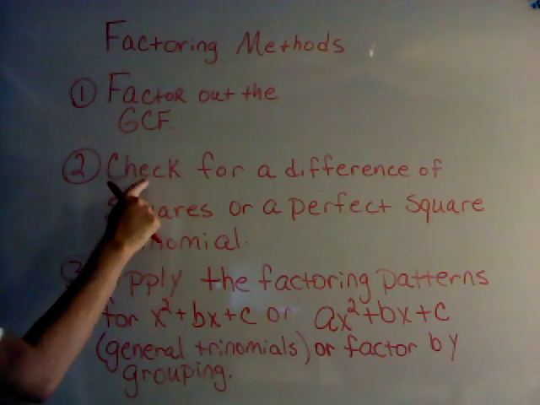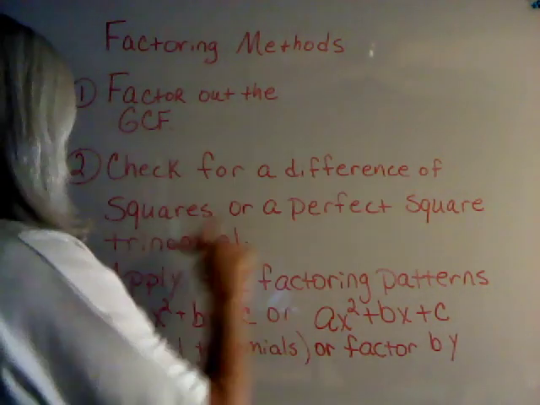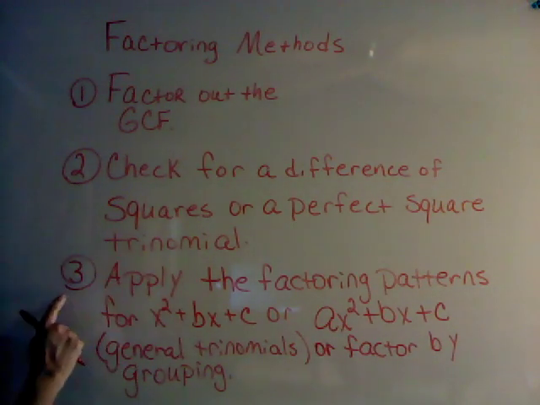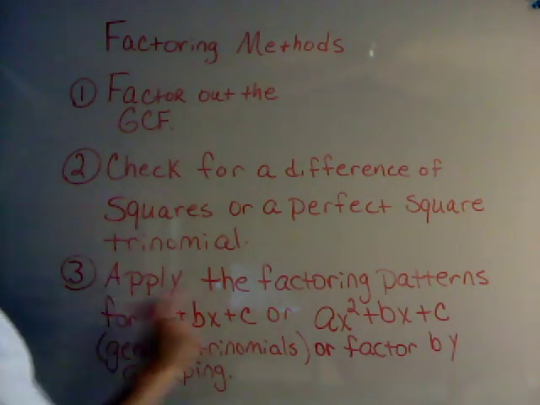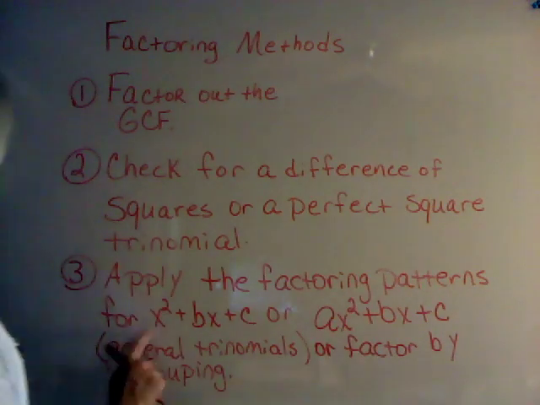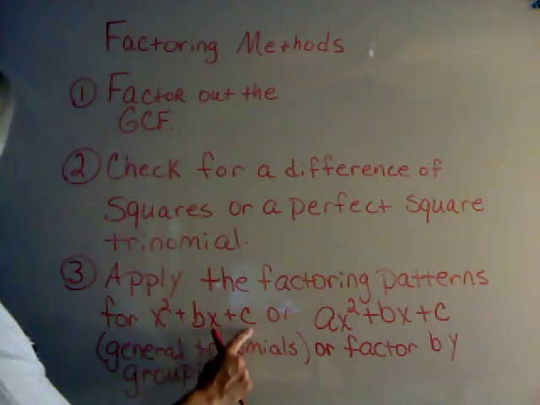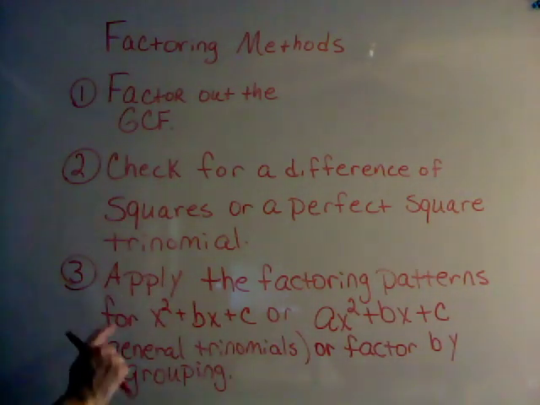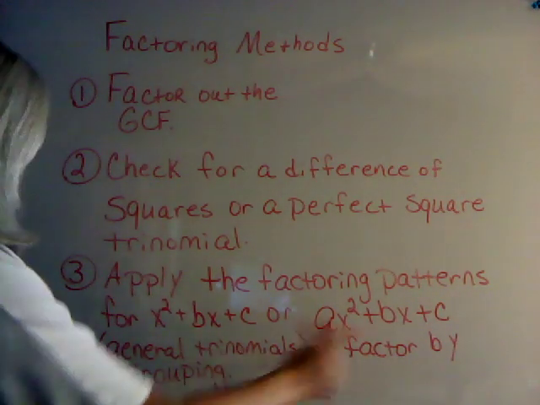Two, we're going to check for a difference of squares or a perfect square trinomial. And thirdly, we're going to apply the factoring patterns for x squared plus bx plus c or ax squared plus bx plus c for general trinomials, or factor by grouping.